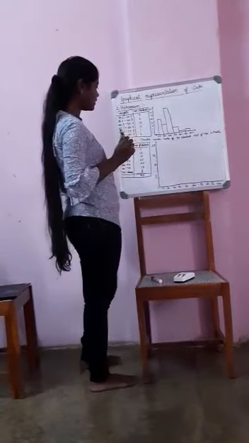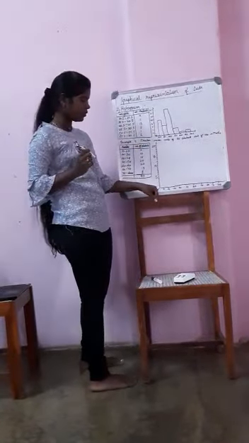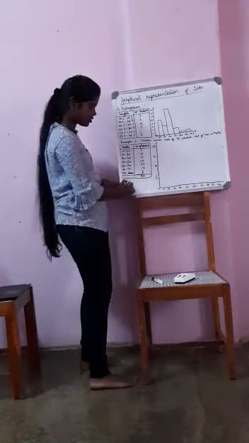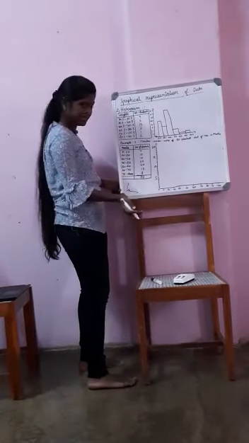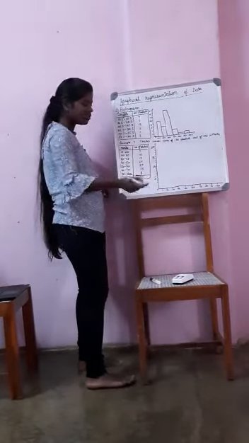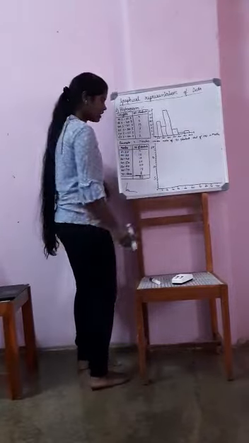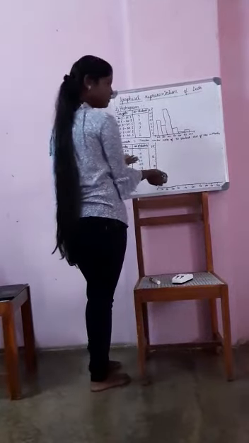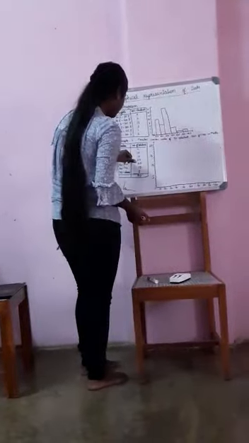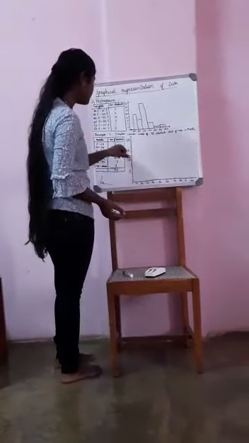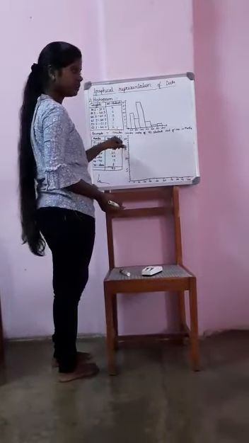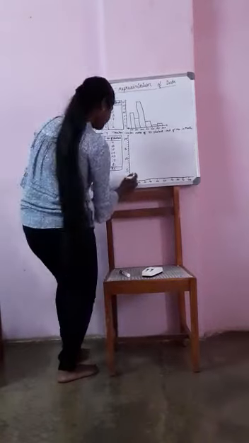Now from 0 to 20, since here it is starting from 0, I need not draw the break or any line like this and continue the data. Because it is starting from 0, I can directly start from 0. I can mark the rectangles from 0 itself. Now from 0 to 20, 7 students have scored out of 100.